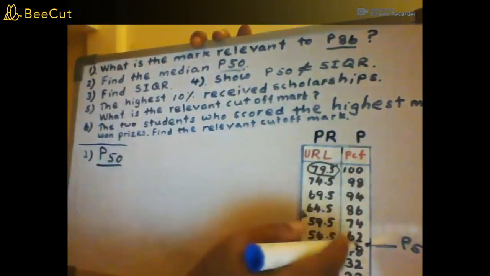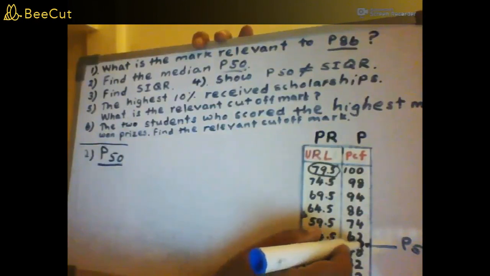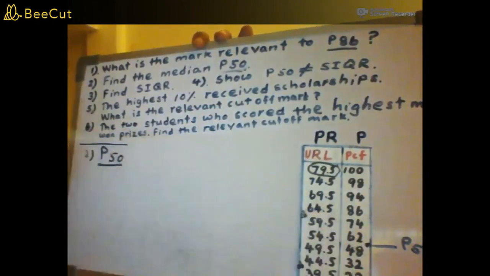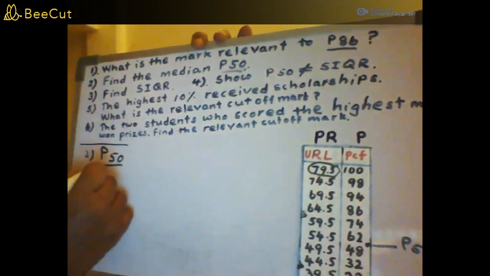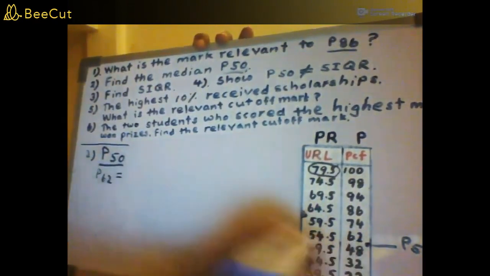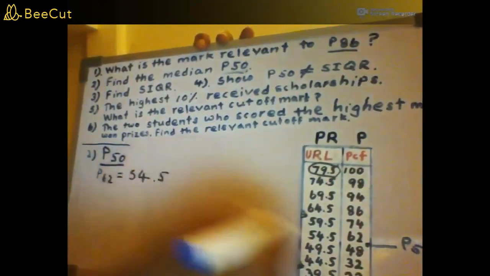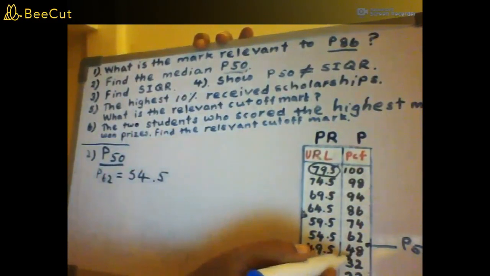Now what do you have to do? You have to write the value there which is above the arrow. P62 equals 54.5. Next one, P48.